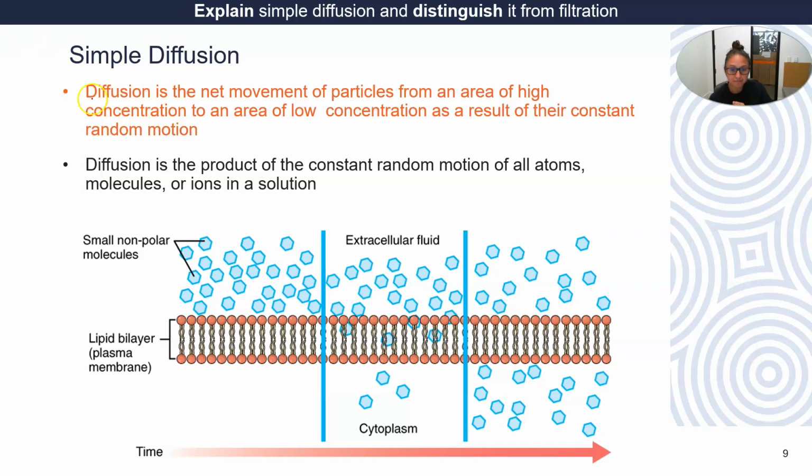That's just a fact of life, a natural phenomenon. If you look at this picture, this is high concentration, low, and eventually they're all going to move across to even it out, because that is nature.